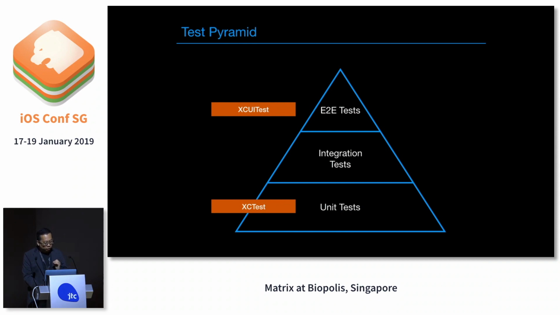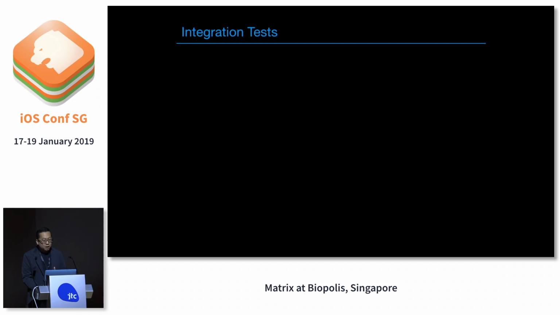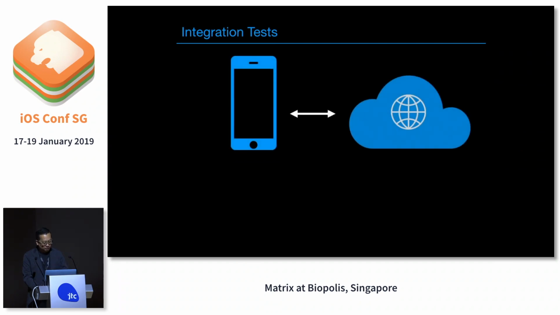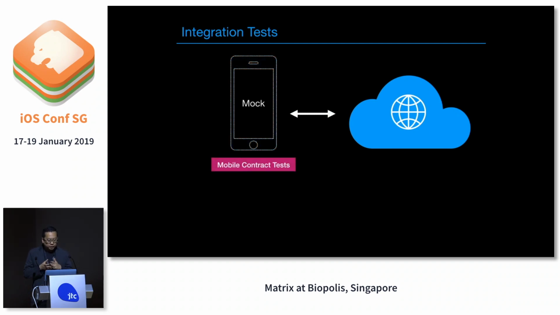And here, I would like to recommend two categories of integration tests for you guys. The first is mobile contract test, and the second is mock response test. The general setup for a mobile app is the app and its interaction with a server. In mobile contract test, we will mock the app and test the API interaction against the server.